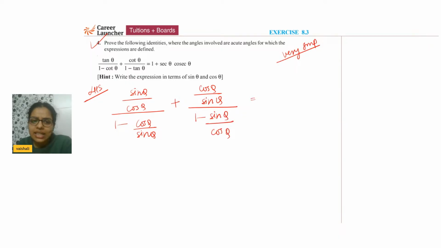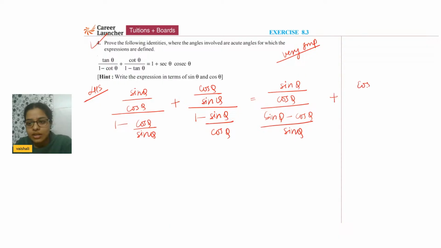Now let us take LCM and see what expression comes. Sin by cos divided by (sin theta minus cos theta) divided by sin theta, and plus cos theta divided by sin theta and (cos theta minus sin theta) divided by cos theta.